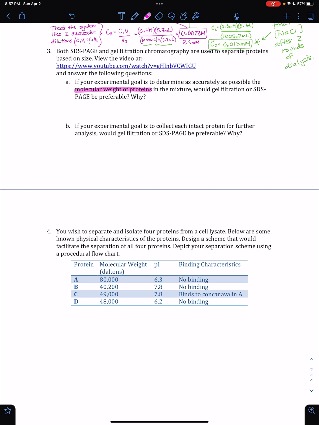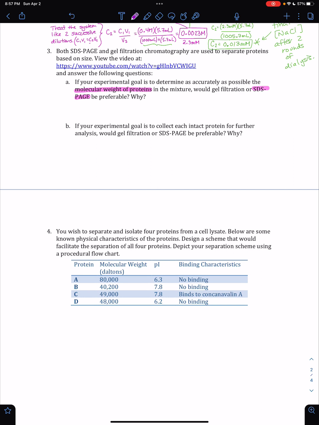One is a technique that's used for analysis, and the other is a technique that's used for preparation. So in this case, we want to analyze the mass of the proteins, the molecular weight of the proteins. So we would use the technique that is an analytical technique, and that is SDS-PAGE.